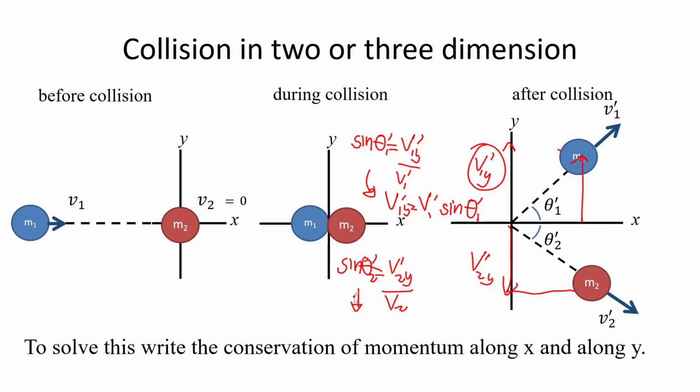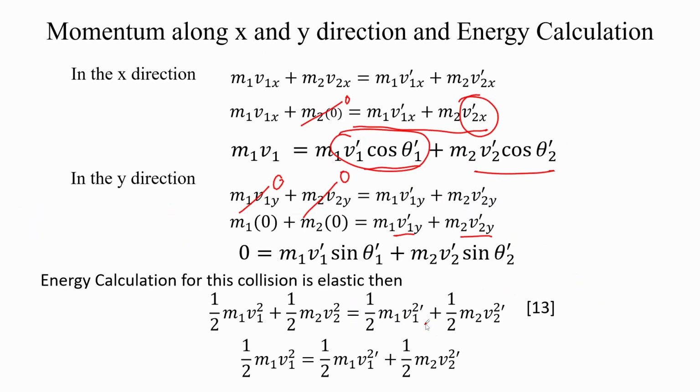Rewriting that, v2 y prime is equal to v2 prime sine theta 2 prime. So this becomes v1 prime sine theta 1, and v2y becomes like this. Okay.